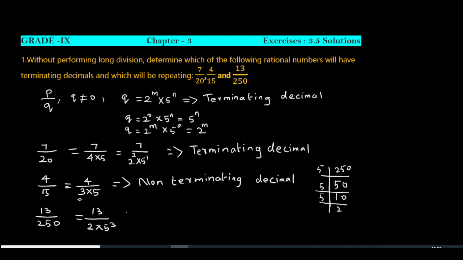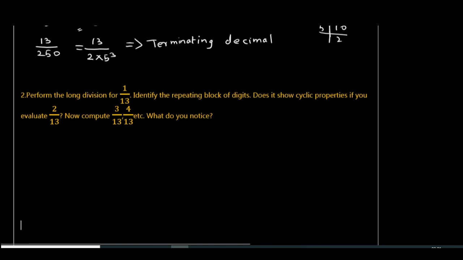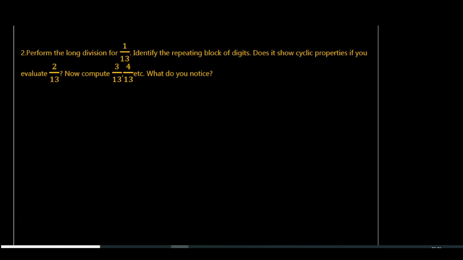Again only the denominator has the factors 2 and 5, so it will have a terminating decimal. So we need not do the long division. Without long division, we can see that if the denominator q is in the form of 2 power something, or 5 power something, or 2 into 5, then we can say it has a terminating decimal.